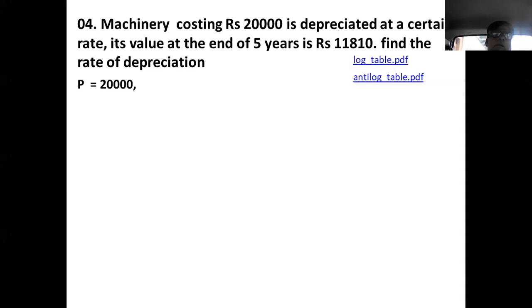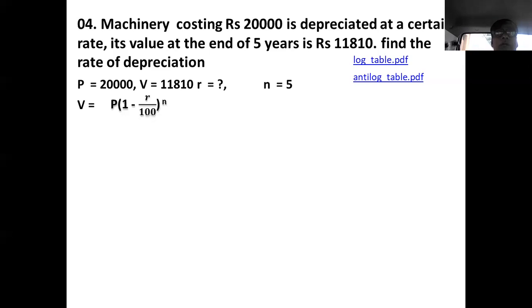They ask to calculate rate of depreciation. You see here, P value is 20,000. Then the value at the end is 11,810. Then R is question mark. Rate is not given. N is 5 years. Now apply the equation. The value is equal to P into 1 minus R by 100 raised to N. This is the equation.